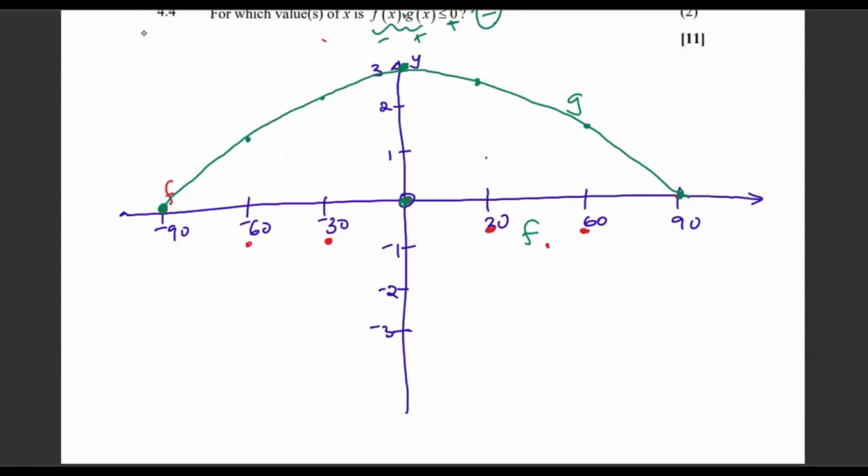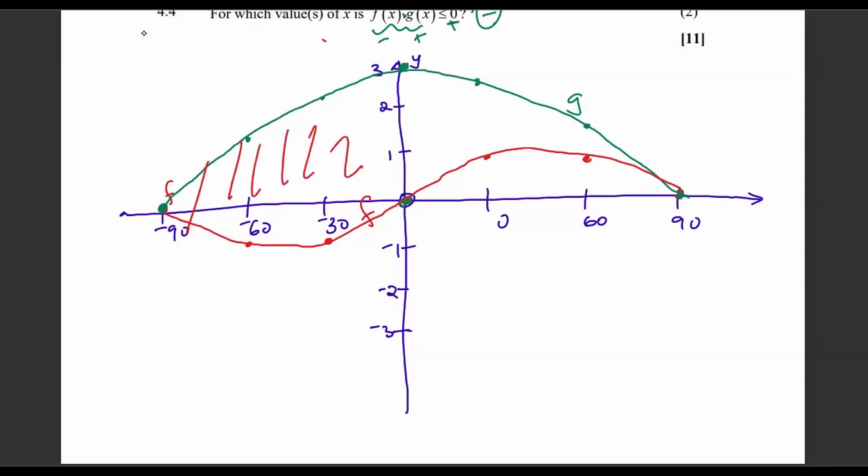And then this is going to be the positive ones. Thank you for highlighting that. So meaning that it's supposed to be something like this now. Thank you. Meaning that one is below, one is above. So it's this section that we're focusing on. So we're going to say that it's a negative 90 less or equal to x less or equal to 0. So that is what was needed with that particular question.